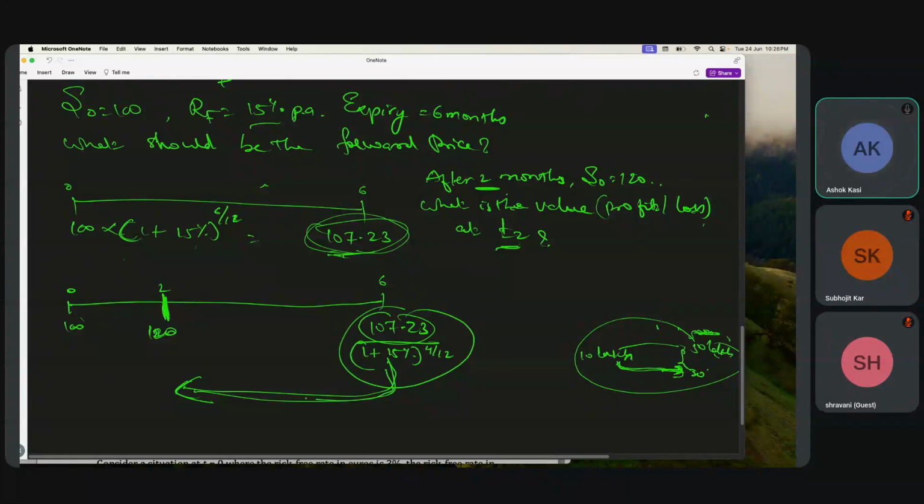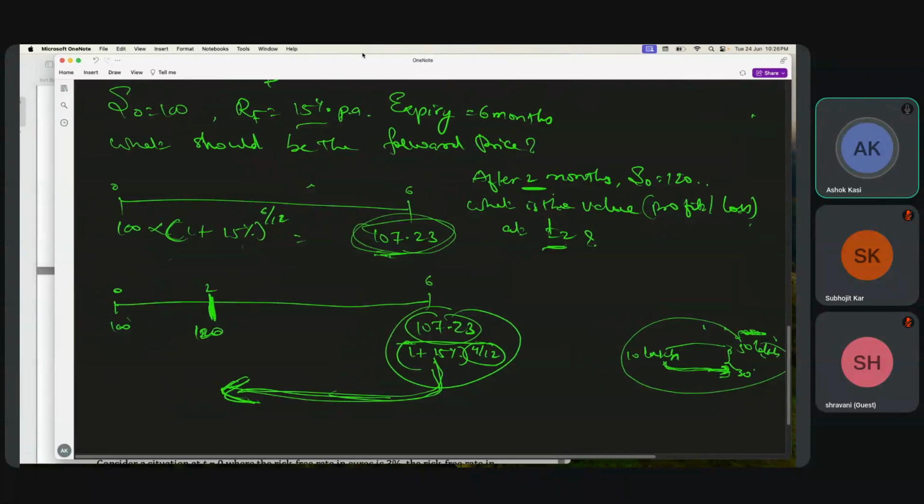When you do 4 by 12, it will push the price 4 months back. How to calculate? First calculate 4 by 12 and keep it in store 1. Then calculate 15 percent plus 1, then raise to 4 by 12. Separately you calculate and store it. That is fine.